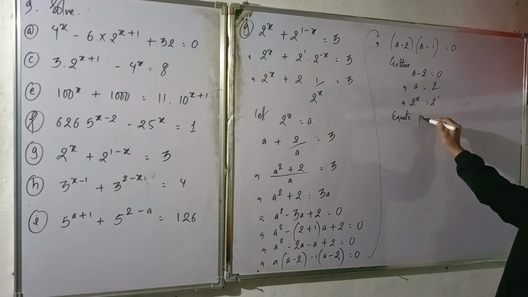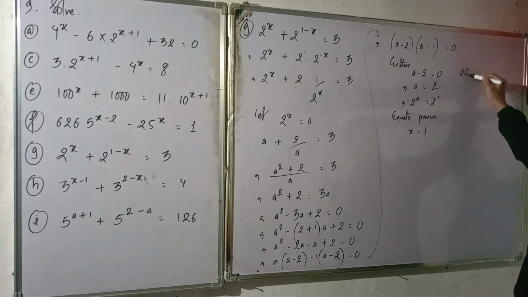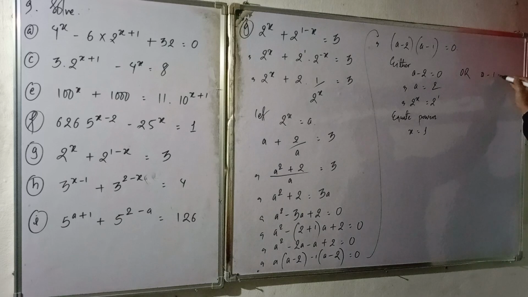Equate powers, you'll get x equals to 1. Similarly, there is also another a minus 1 equals to 0, or a equals to 1. So replace back the value of a by 2 power x. Now this value will be 1 if there is 2 power 0. In case of 2 power 0, it will be 1.